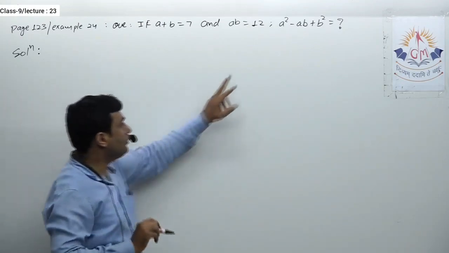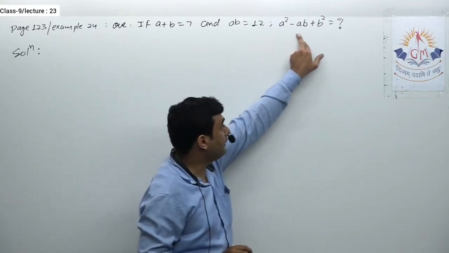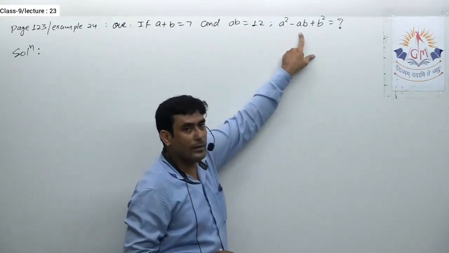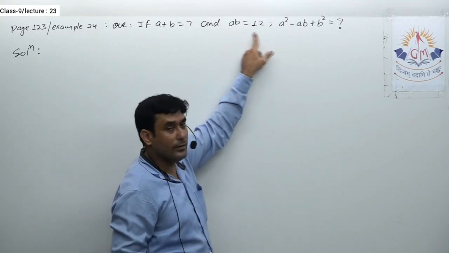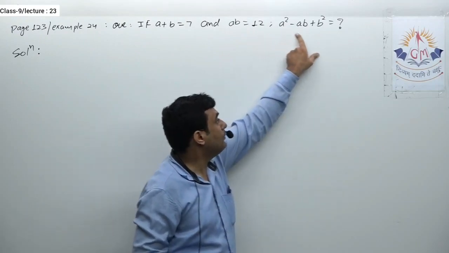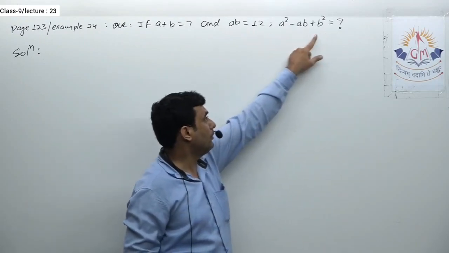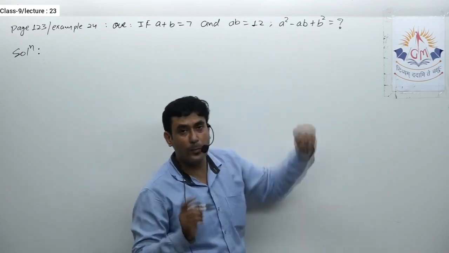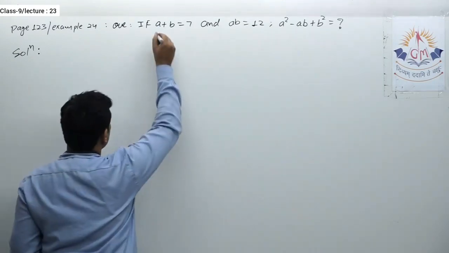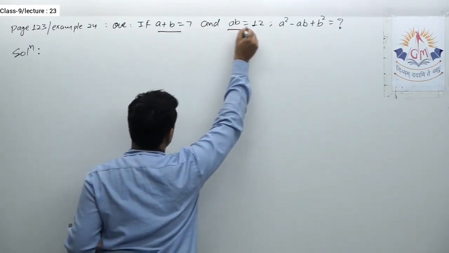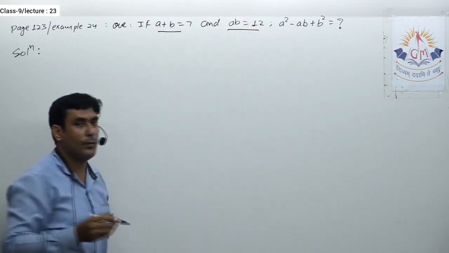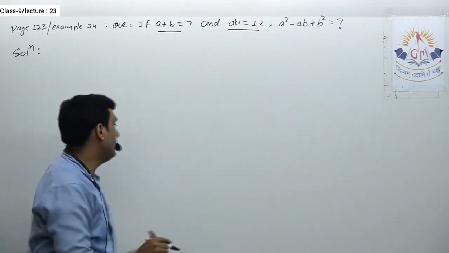See, we need to find the value of a square minus ab plus b square. Over here the value of ab is given directly. That means to obtain this value we have to concentrate on how to get a square plus b square. If a plus b and ab are given, how to find a square plus b square, that we already saw.